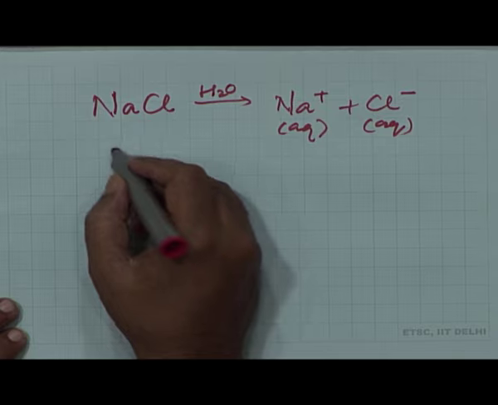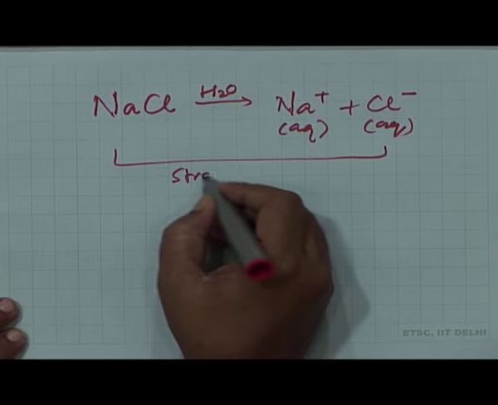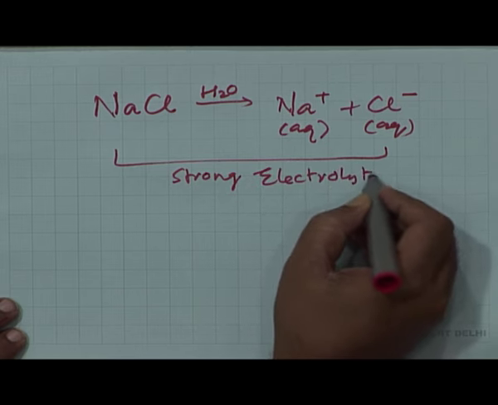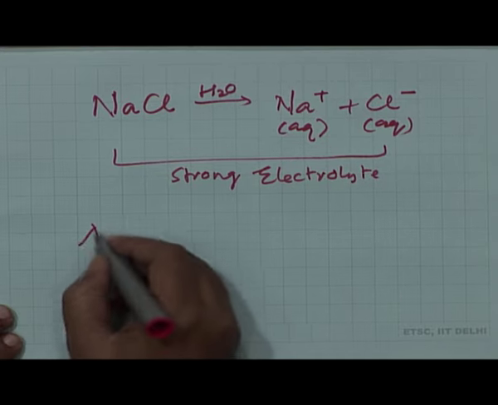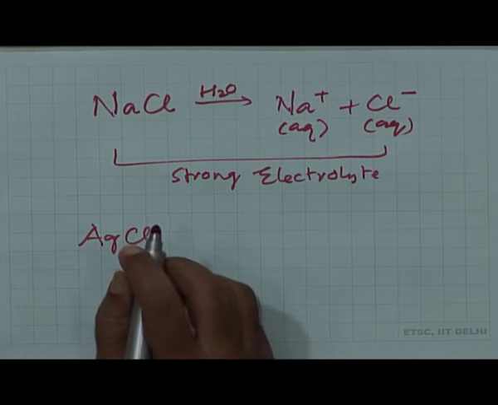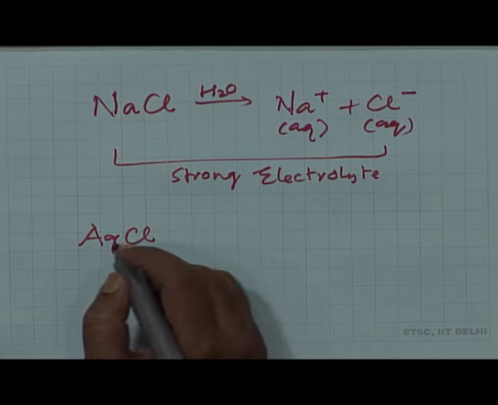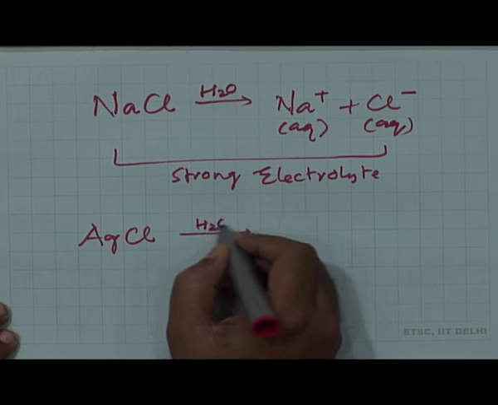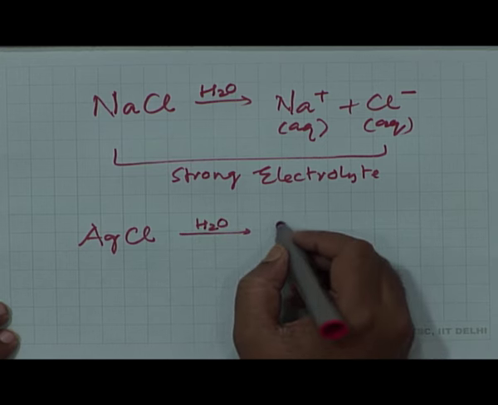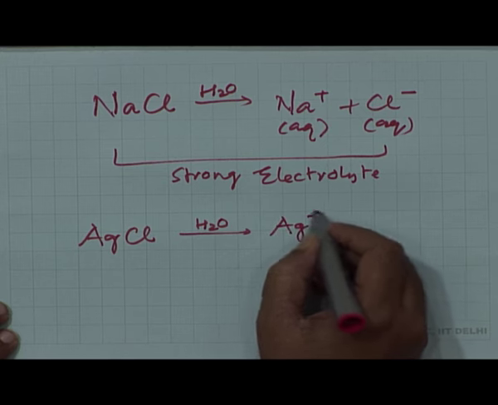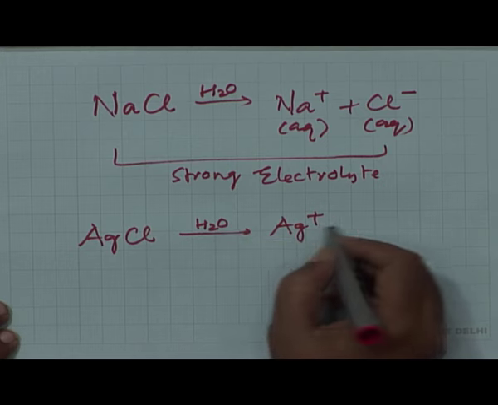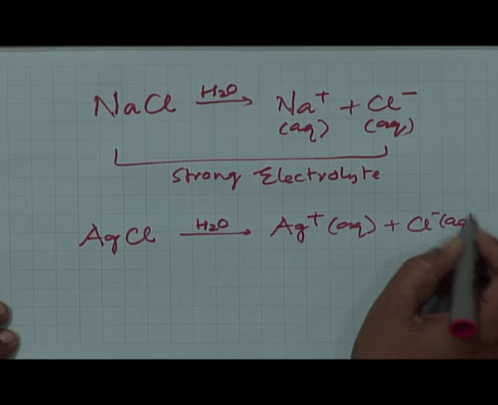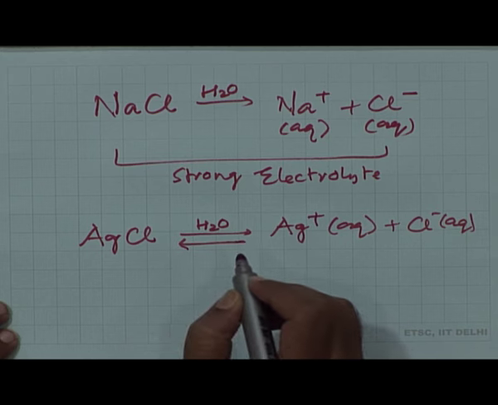On the other hand, you have sparingly soluble salts, something like AgCl, silver chloride, which gives you Ag plus and Cl minus, and here it is a reversible reaction.